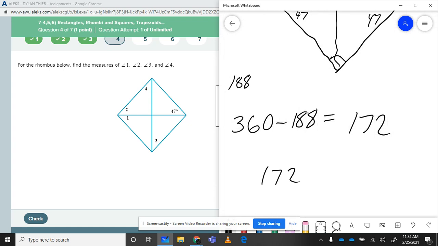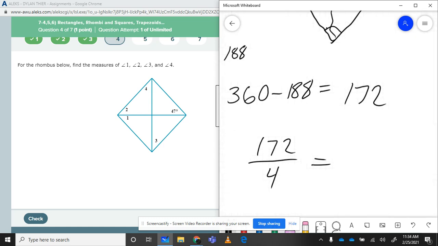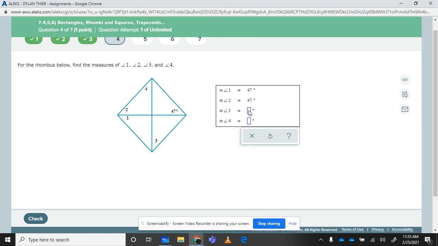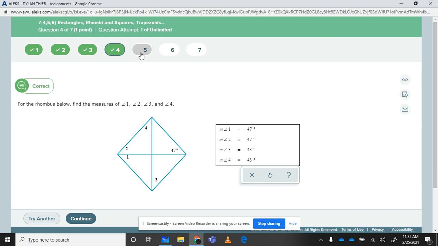So if I take 172 and divide it by 4, I should get what each of those are worth. Okay, 160 divided by 4 is 40. So this should be like 43. Let's see. Okay, good.